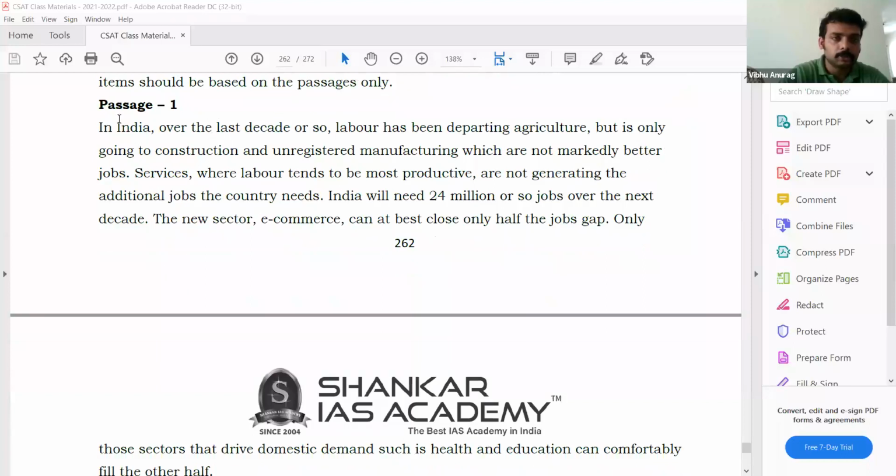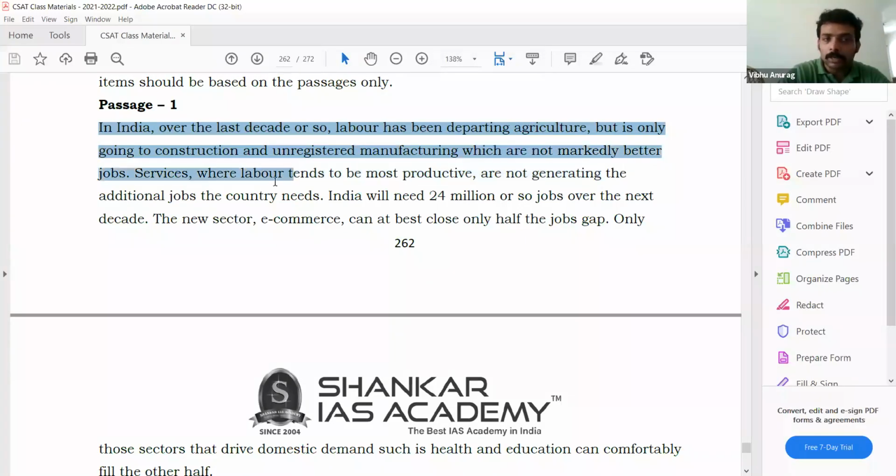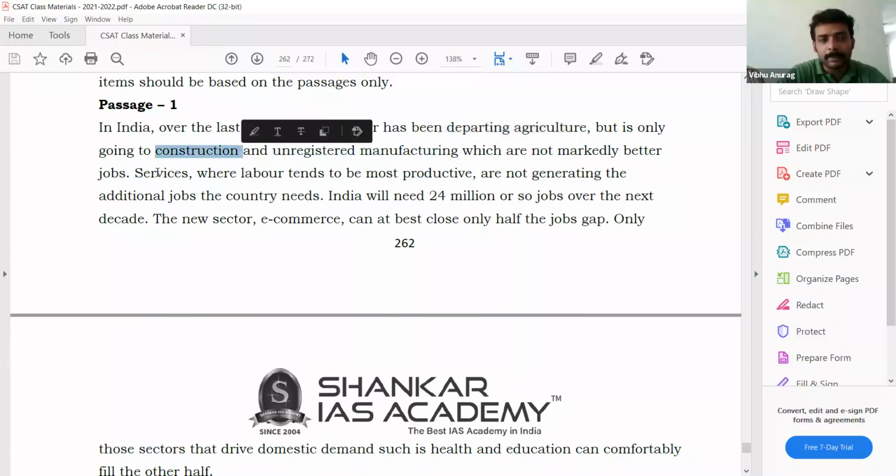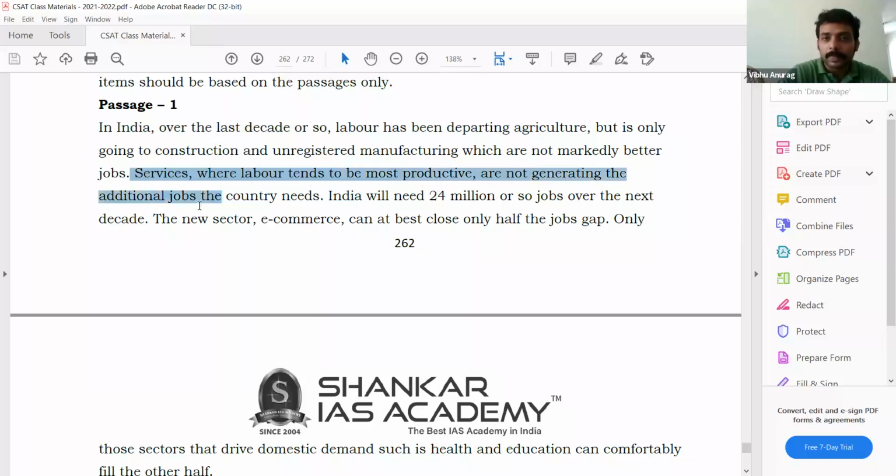these passages. So passage 1: In India over the last decade or so, labor has been departing agriculture. So people are moving out of agriculture, but it is only going to construction and unregistered manufacturing, which are not markedly better jobs. Services, where labor tends to be most productive, are not generating the additional jobs the country needs. So services are falling short.